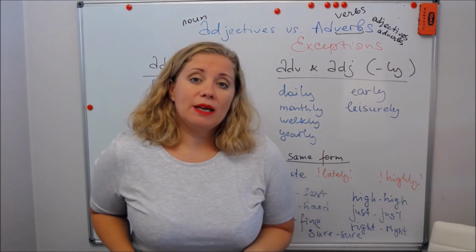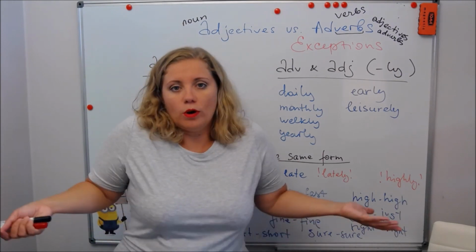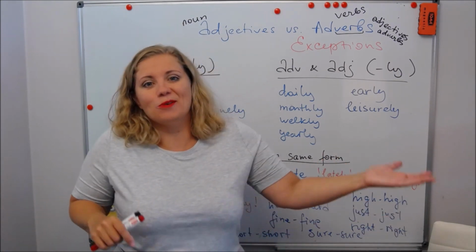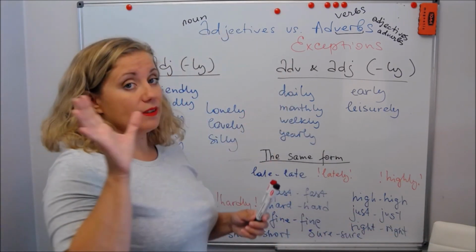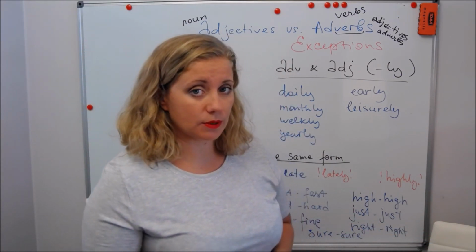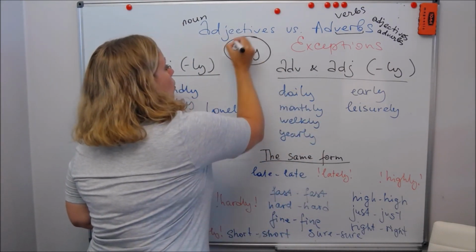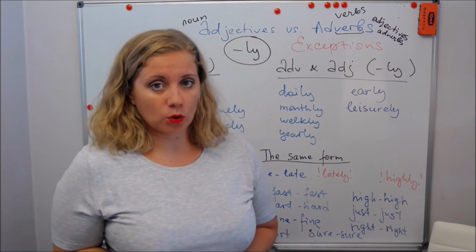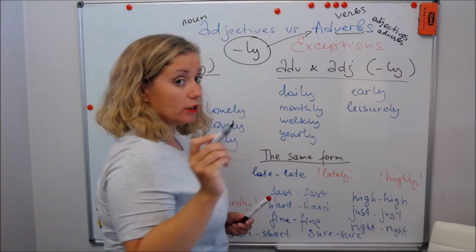And if you remember this single rule, it all seems simple. What's the problem here? Well, this structure becomes a problem because normally you form adverbs with the help of -ly, and usually from adjectives.